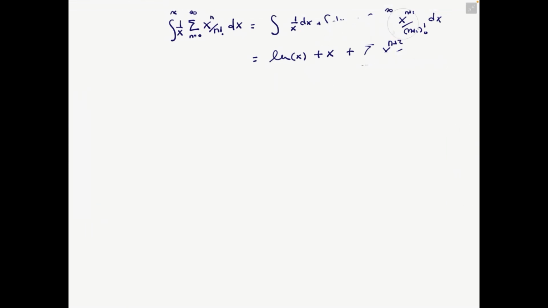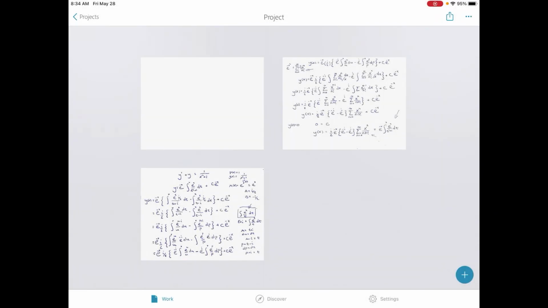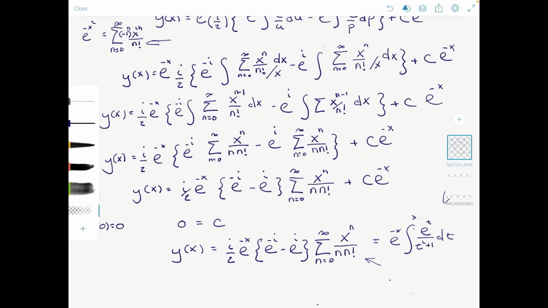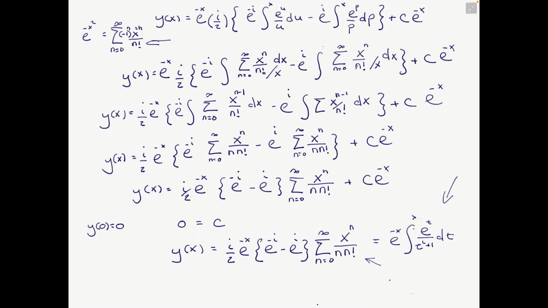But anyway, I think this is the solution that probably works the best, at least for me. It's a little more compact.